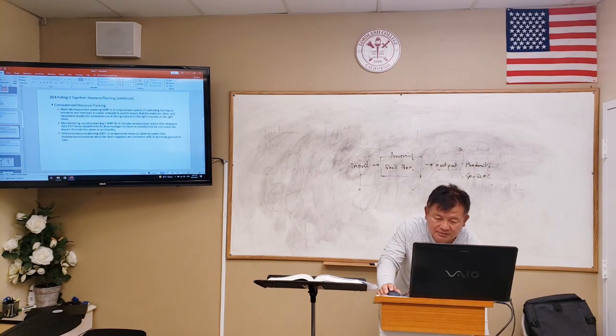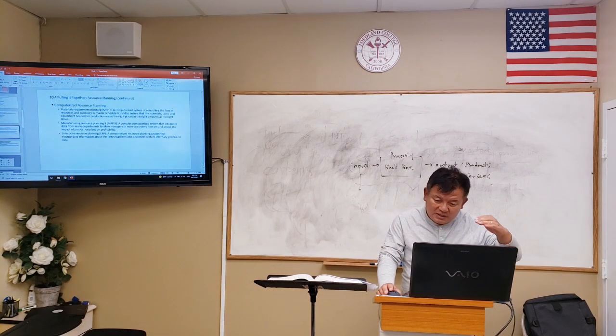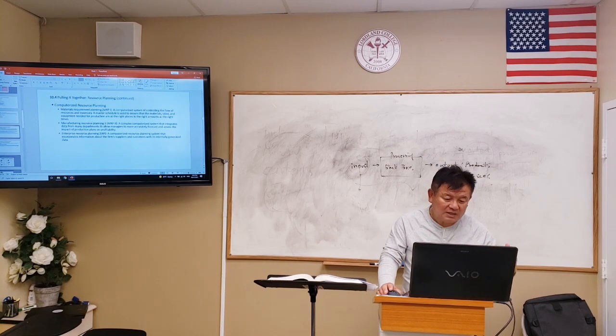MRP1 focuses on the right place, the right amount, and the right times. But manufacturing resources planning focuses on accurate forecast first, and then assesses the impact of production planning on profitability. This is MRP2.